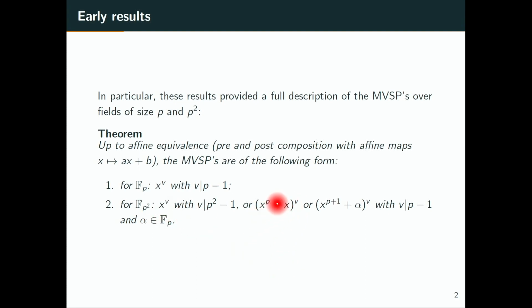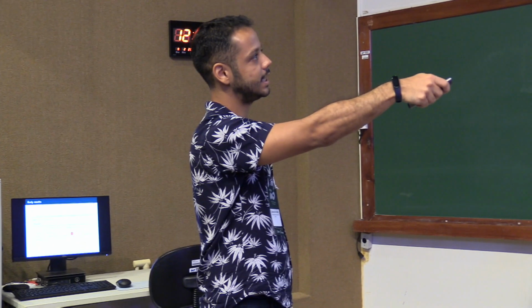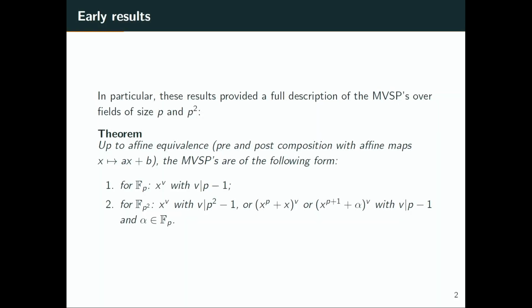We have here x^p + x. This is just a trace function, F_{p^2} over F_p. And also this x^{p+1}, which is just a norm function of F_{p^2} over F_p. And again, we can also take powers v, where v is any divisor of p minus 1. Actually, there is also another family I just forgot to mention here, but it's not as explicit as 1 and 2.